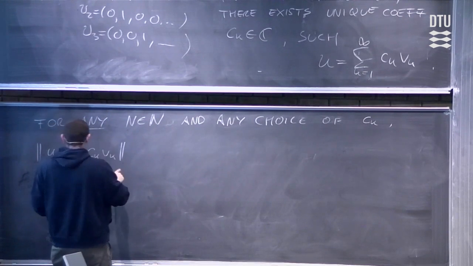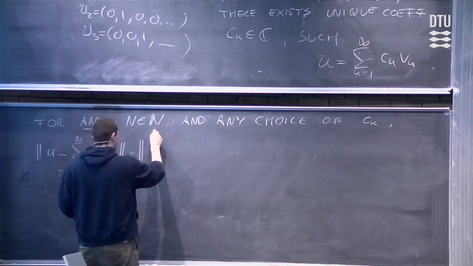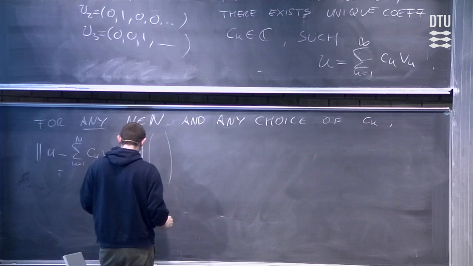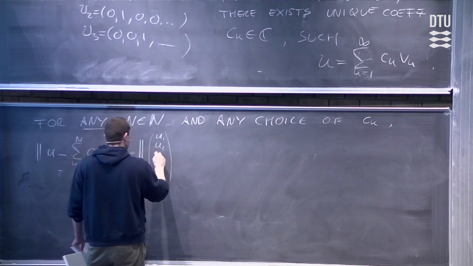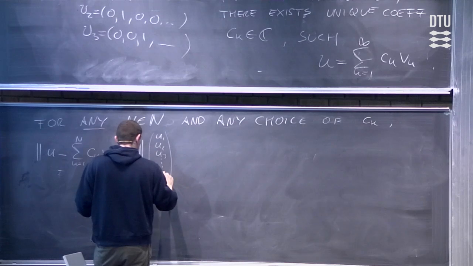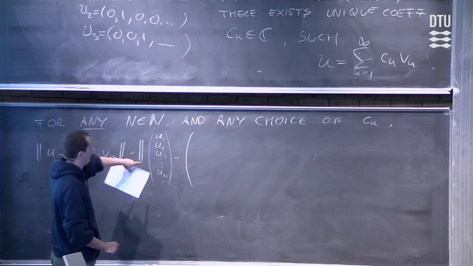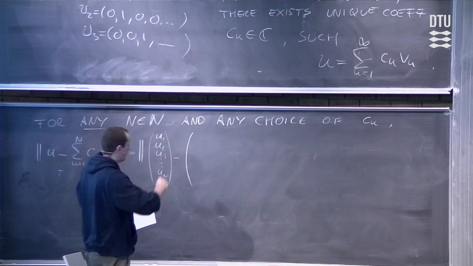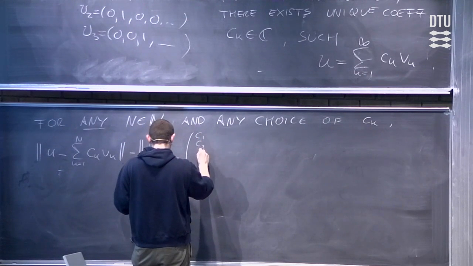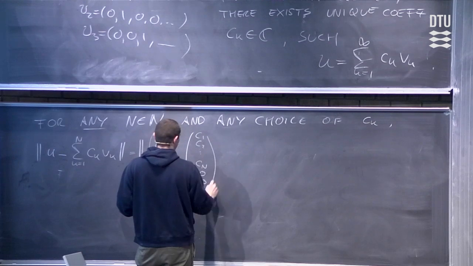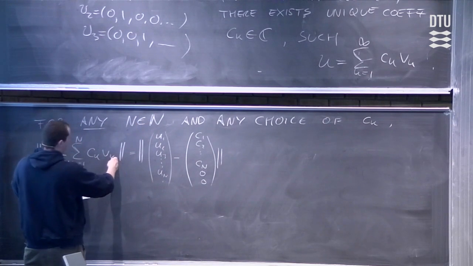So what is this? We take the norm, and here I will again write my infinite vector like this, just as when we did the calculation for the adjoint operator. So we have u1, u2, u3, un, and so on, minus. Now this u here is simply the u I've taken, so it will have some coefficients, because otherwise it wouldn't be a sequence in my space. But here I've chosen my ck's somehow, and I only have c1, c2, up to cn, and then I only have zeros left, because I only take this finite sum. So this u is this vector, and this finite sum gives me this vector.